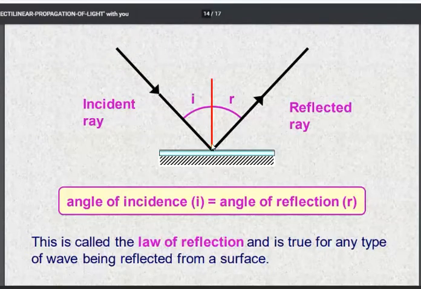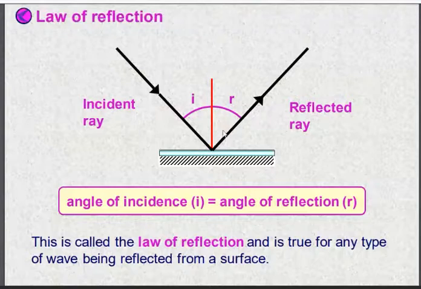Now, the inclination of incoming rays and outgoing or reflected rays is to be measured. For that, we have to draw a reference line on the plane of the reflecting surface. This reference line must be perpendicular to the reflecting surface and is called the normal.